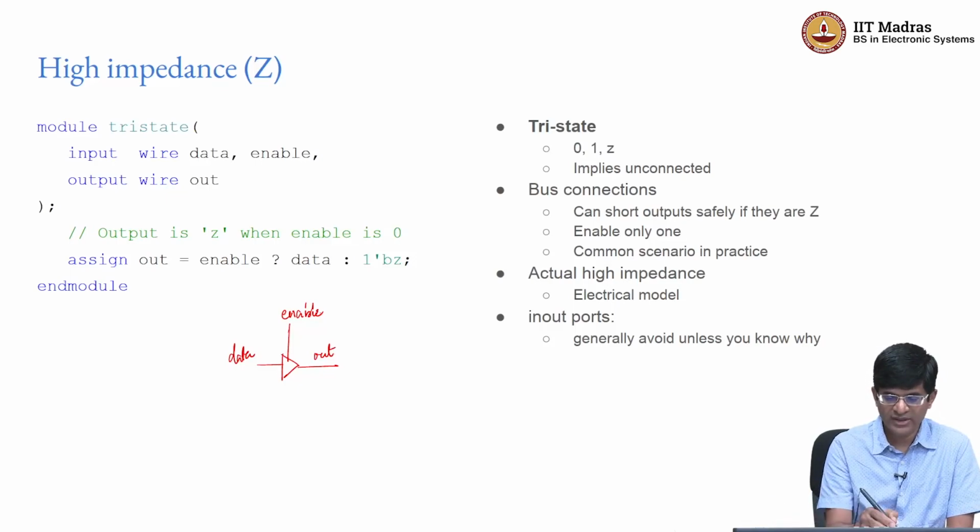Whenever enable is high, the output is equal to data, but when enable is low, it is effectively as though you have just cut this connection off. Now why is that a nice thing?